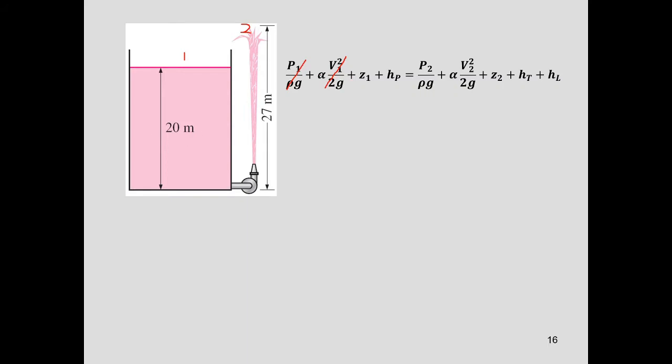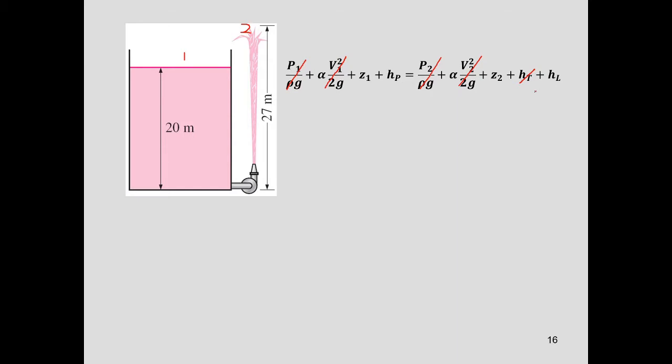Z1 is 20 meter. There is a pump, so you need the H pump. For point 2, up here, it is open to the atmosphere, so P equal to 0. And V is also 0, because this is the highest point where the velocity is 0. Z2 is 27 meter. There is no turbine.